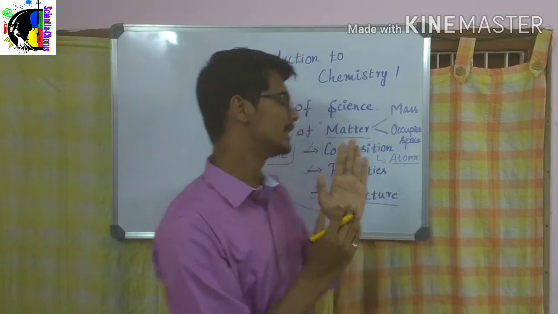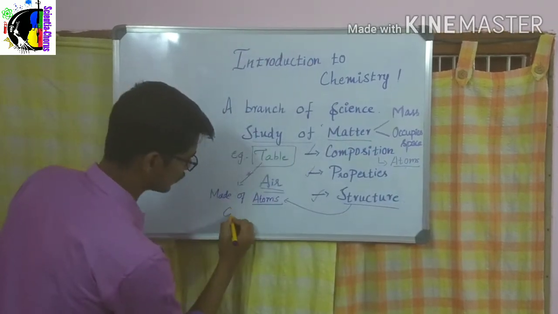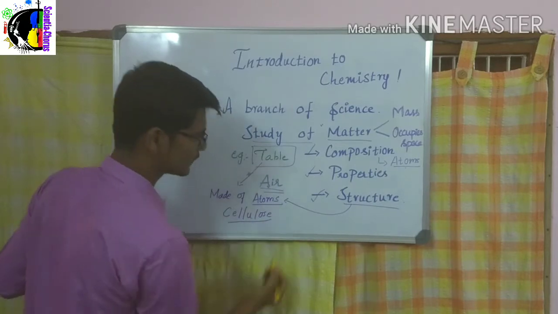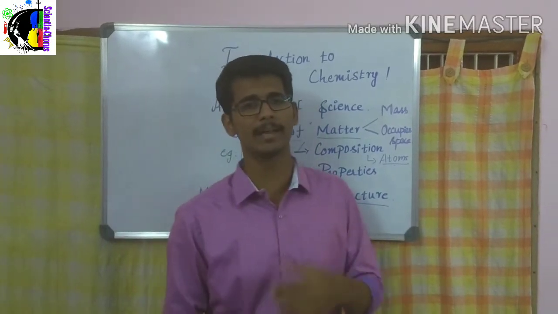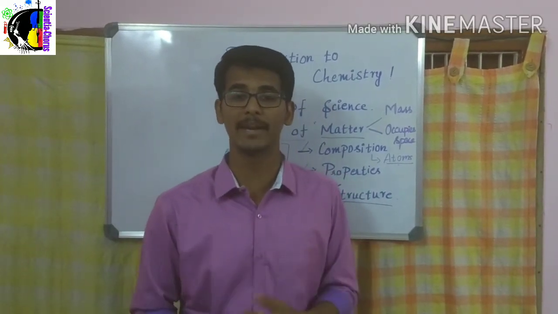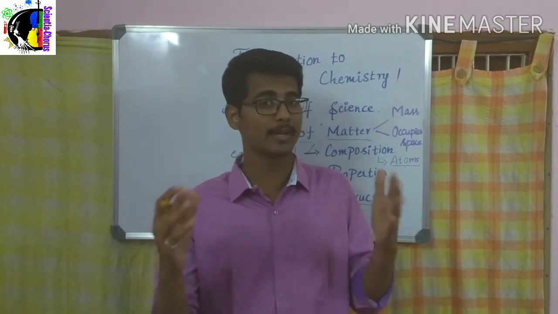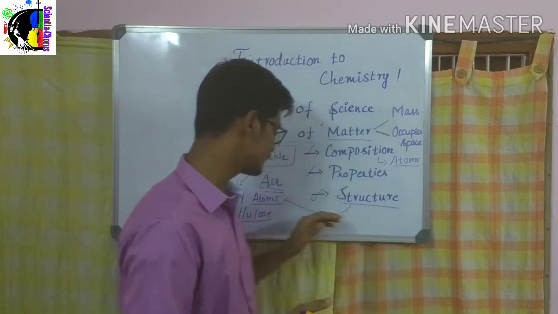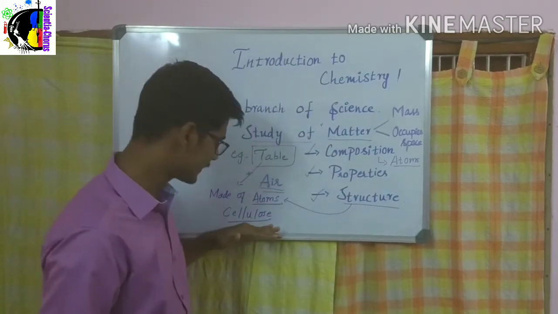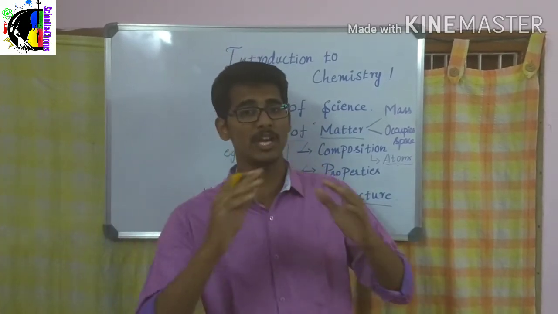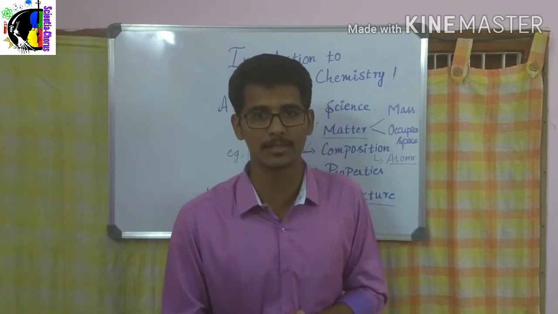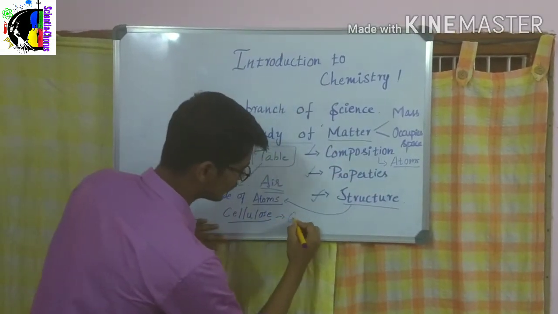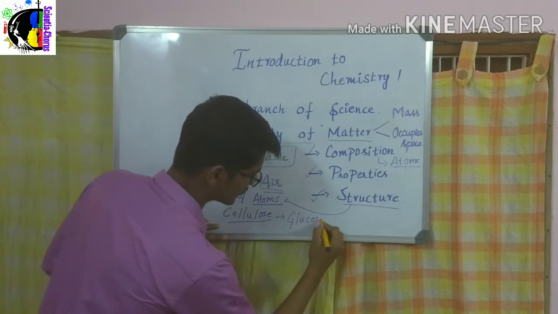This cell wall is made up of a substance called cellulose. And this cellulose is a chemical compound made up of atoms. There are particular atoms present in this cellulose, and cellulose is a chain of glucose molecules.